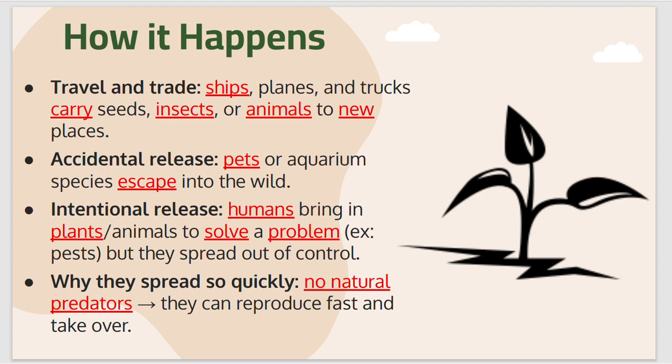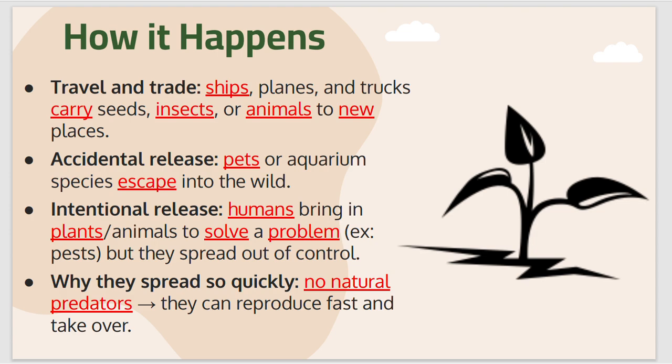A lot of times this is on accident. These animals, insects, or seeds hitchhike, or are blown on by wind, or the insects and animals are just resting, whatever the reason, but they end up getting sent to new places through these forms of human transportation.